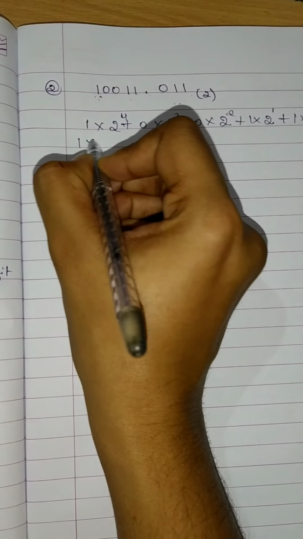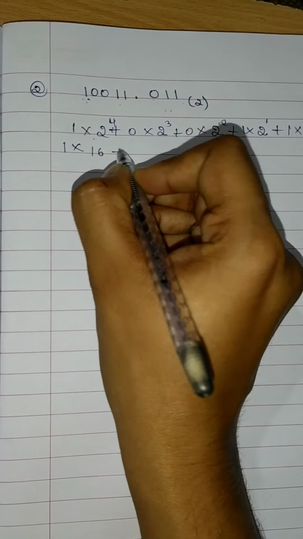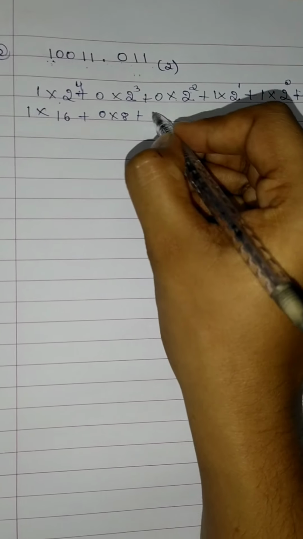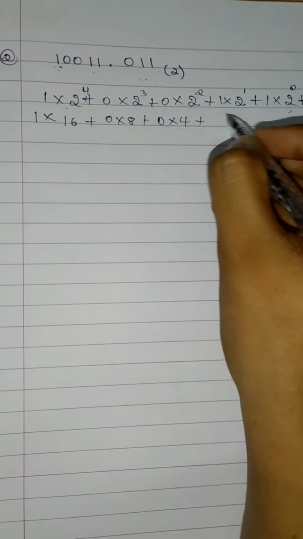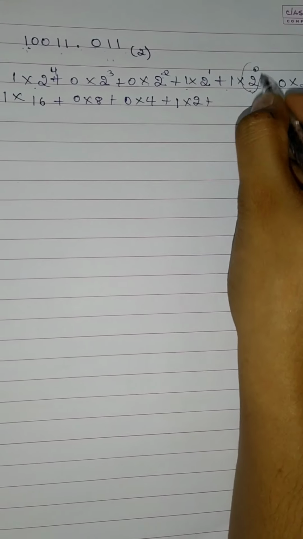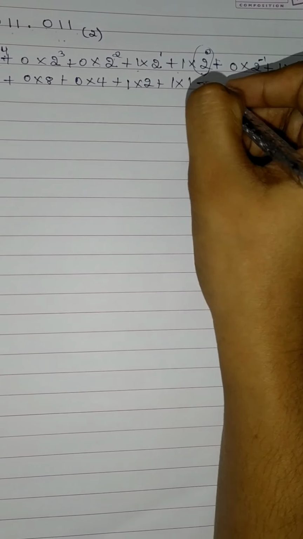Then 1 into 2 power 4 is nothing but 16. 16 plus 0 into 8 plus 0 into 4 plus 1 into 2 plus 1 into any number with power 0 is nothing but 1. So 1 into 1. Okay, so plus.